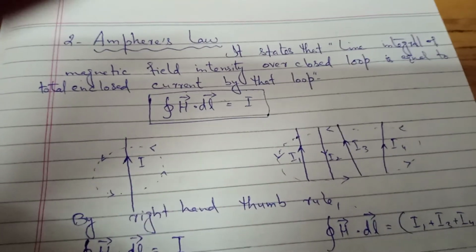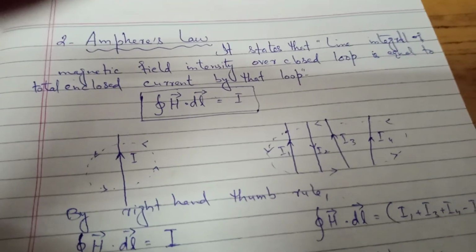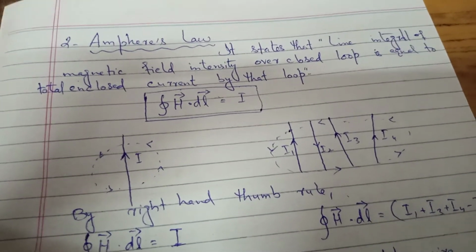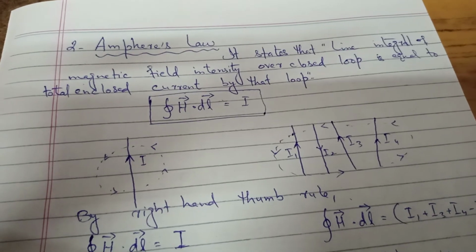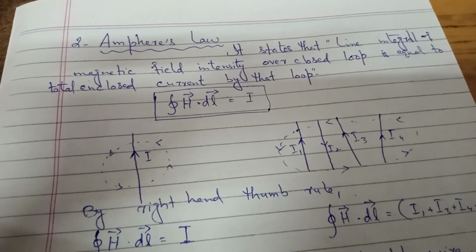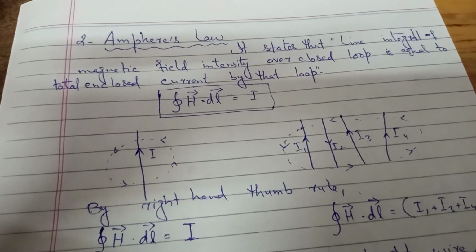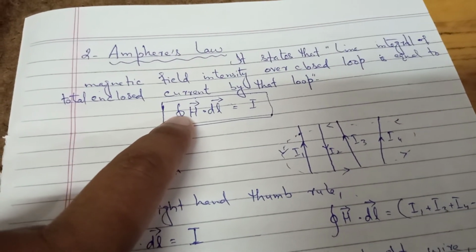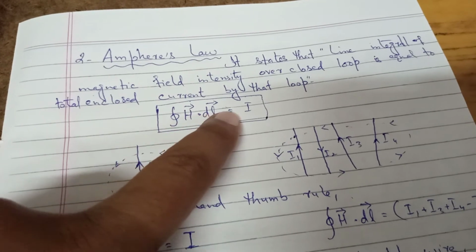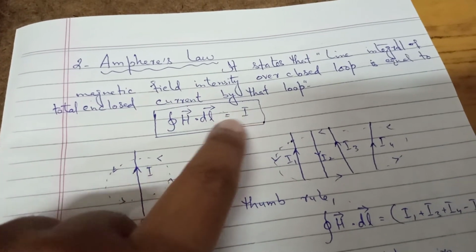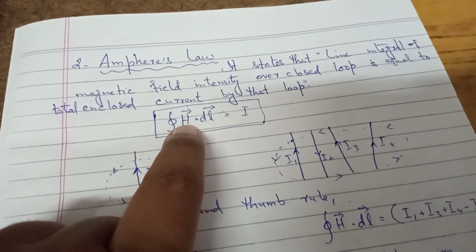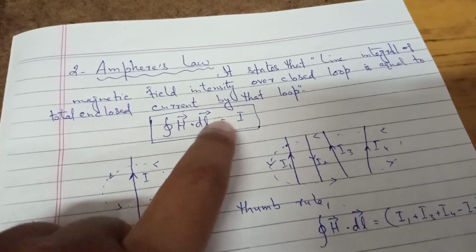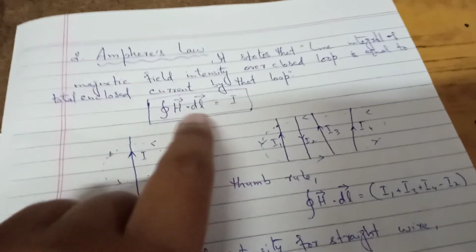Now the second law is Ampere's law. It states that the line integral of magnetic field intensity over a closed loop is equal to the total enclosed current by that loop: the closed integral of H dot dl is equal to I.